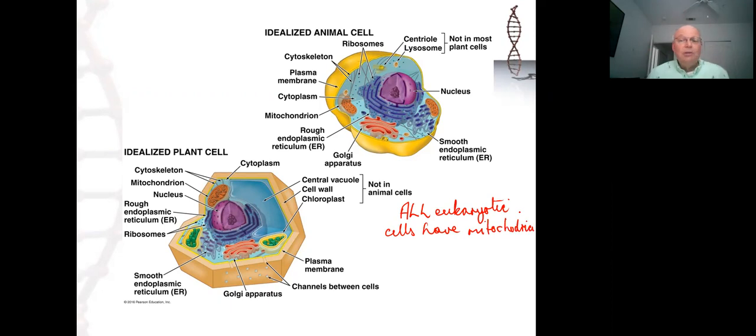And there are even some eukaryotic cells where we can't find evidence of functional mitochondria anymore, but we know they had them because some of the genes that are responsible for mitochondrial activity are actually found in the nucleus of eukaryotic cells.